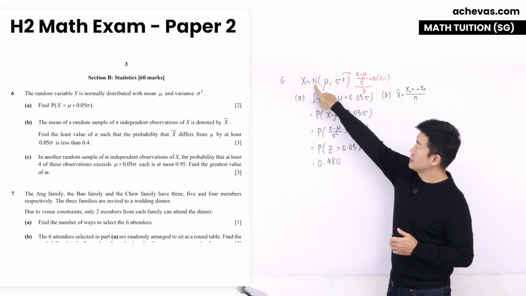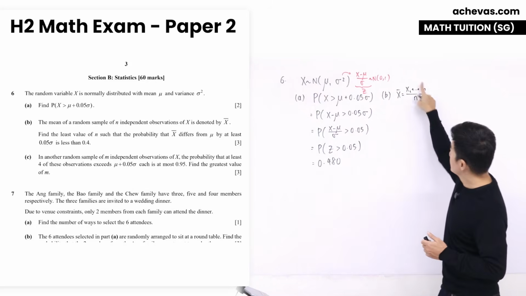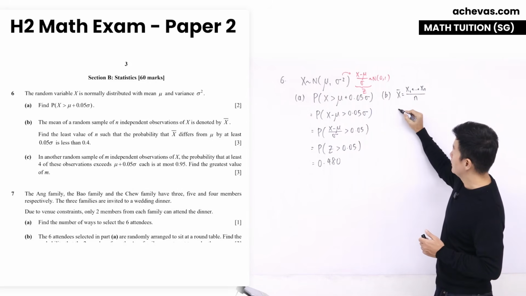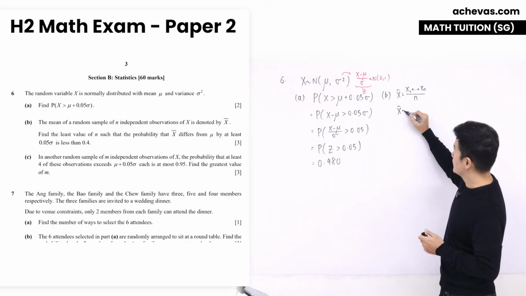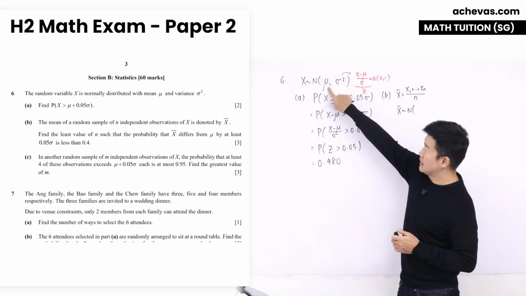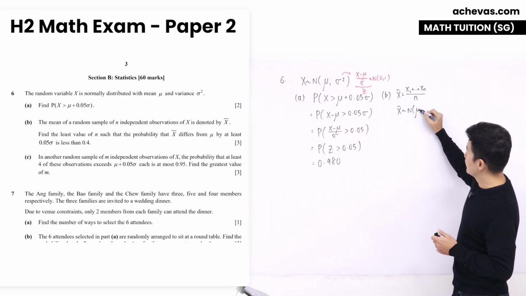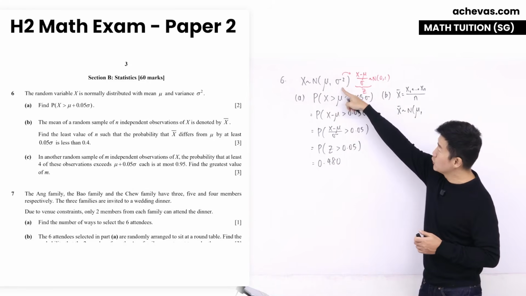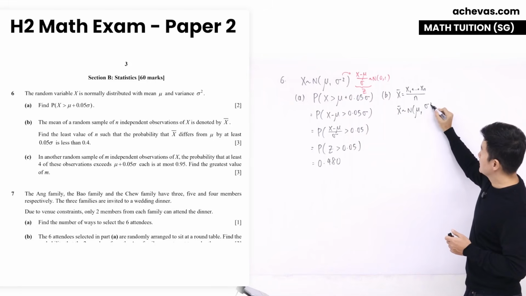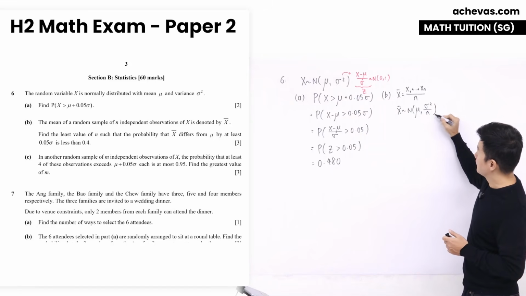And because X is already following a normal distribution, making use of what we have learned in sample mean distribution, this will follow a normal distribution with the mean of this to be exactly the same as the mean of X. So it will be mu, and for the variance, it is going to be with reference to sigma square, but it is going to be sigma square divided by n.